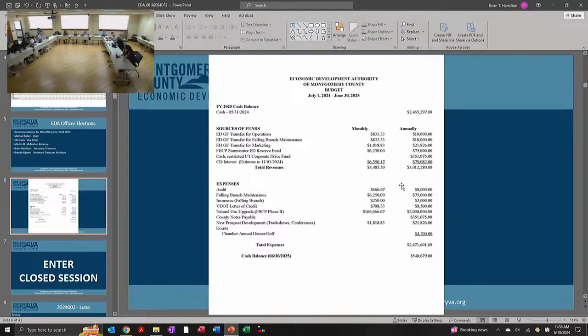And then the cash for Corporate Drive, which is restricted, after paying all the invoices, the remaining cash is $351,075. And the estimated CD interest until November of this year is $79,082.